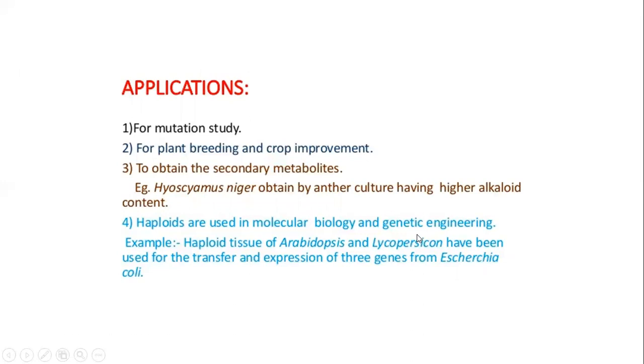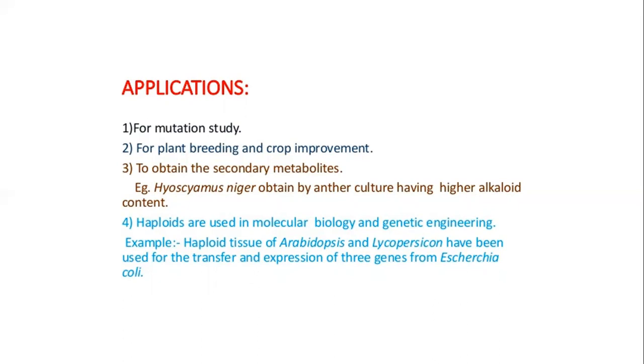The applications are for mutation study. We can use the haploid plants for breeding and crop improvement purposes. They are also highly used to obtain secondary metabolites. For example, Hyoscyamus niger obtained by anther culture has higher alkaloid content.